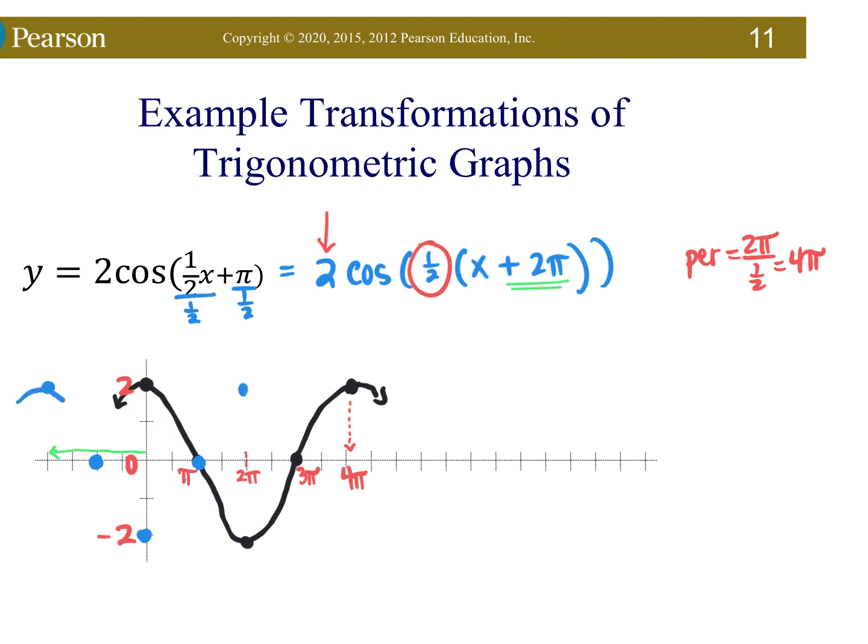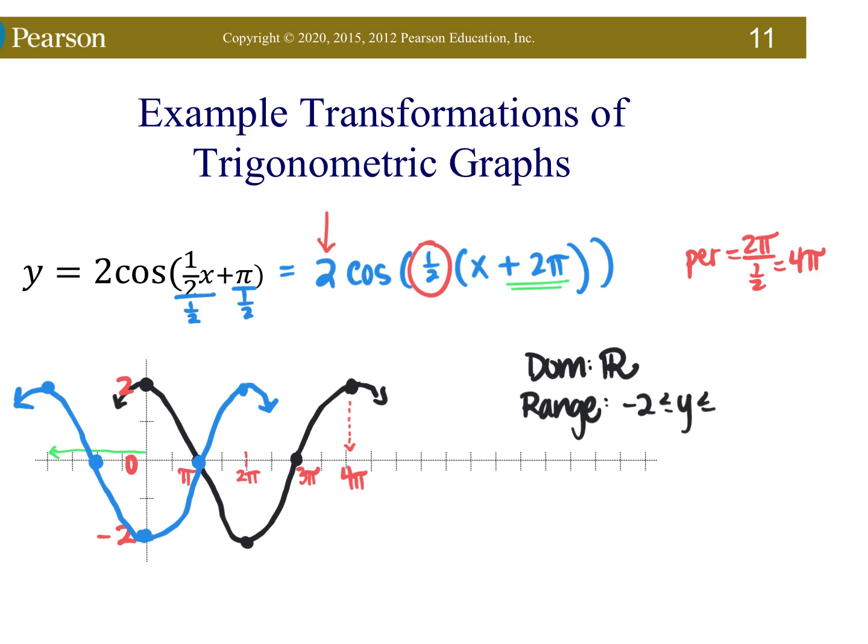So my final curve is going to look like this, and just be real sensitive to the fact that you are for sure making it look like a cosine where the ends are pointing down. Finally, we would state what the domain and the range are. So the domain is all real numbers, and the range, looking at what the amplitude is, we're looking at -2 to +2.